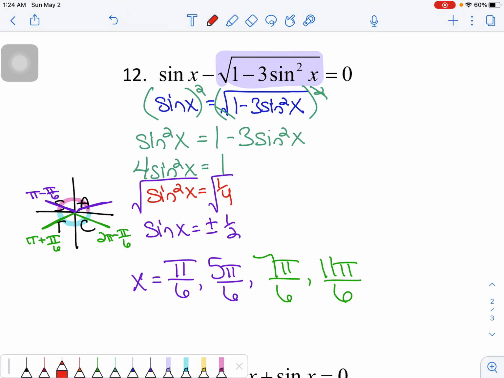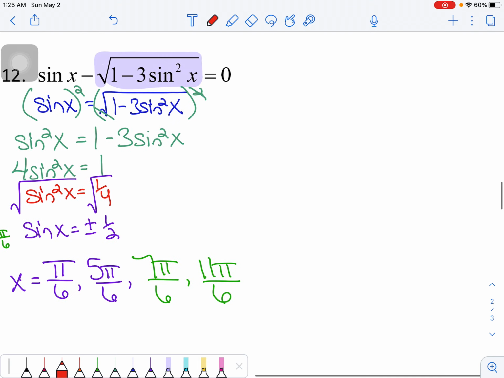It is entirely possible that we have extraneous solutions, and the only way we're going to know that is if we check. There's 4 answers, and you have to check all 4 of them. It's possible none of the answers work, it's possible all of the answers work, or any variant between those two. So you have to check everything.